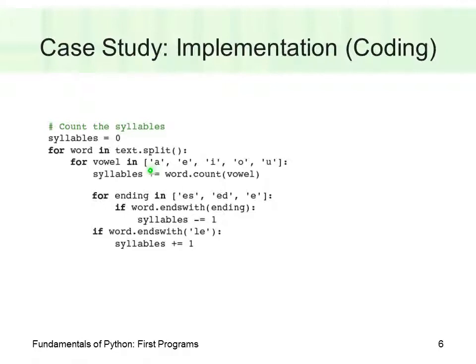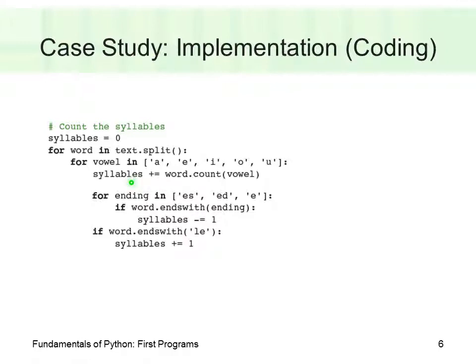We have manually created a sequence, a list of characters, using the square brackets and commas, and we know that each of the elements of this particular sequence is a character, because each one is inside quotes. So what are we doing here? We're taking each vowel one at a time, and we're going to take a count of the vowel in the word. And every time I find a vowel, I'm going to bump up the number of syllables in the word.